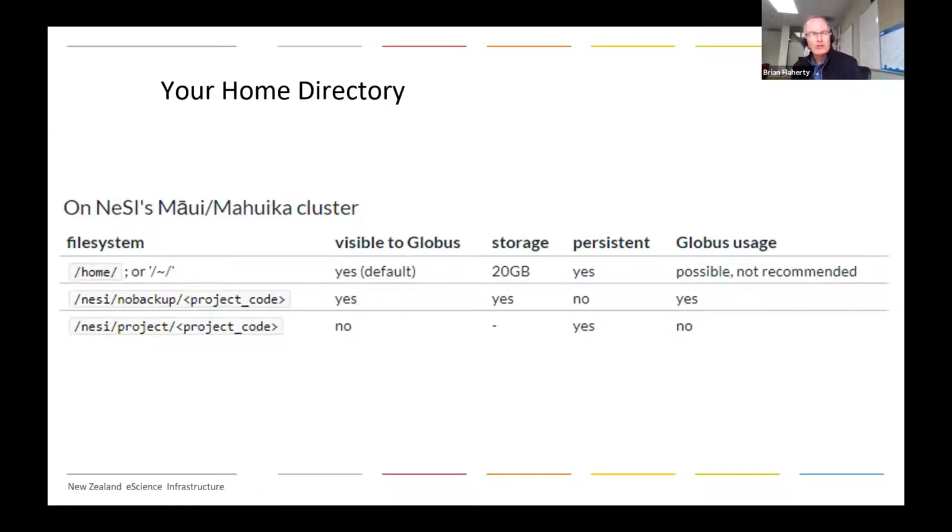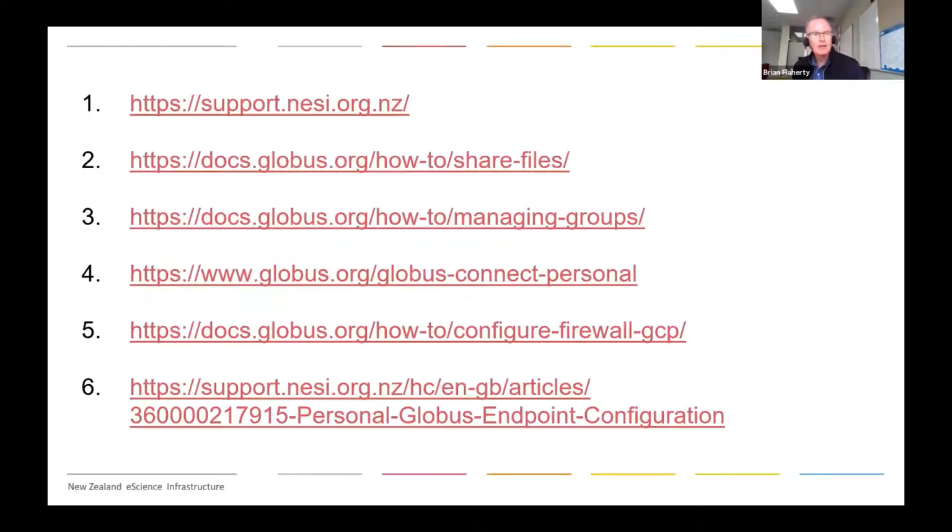At this point, your project directory is not visible to Globus. So if you've got data in your projects, you should move it into your nobackup directory in order to transfer it. We're considering making the projects directory read-only so that you can transfer things out of it. So watch that space. But at the moment, you need to have your data in nobackup before you can transfer.